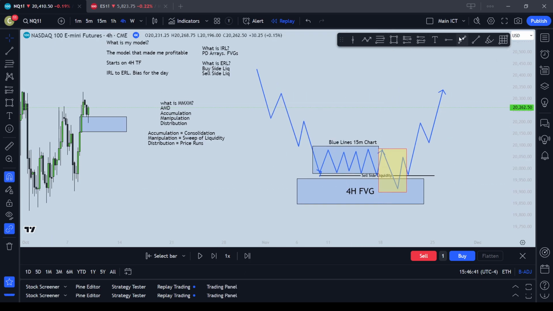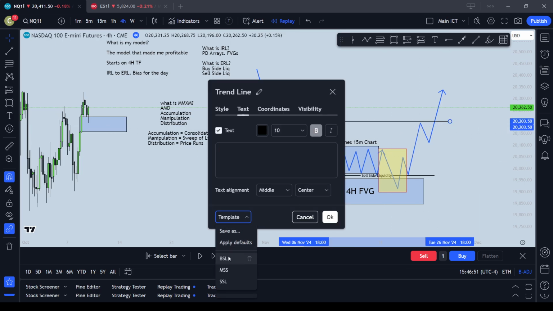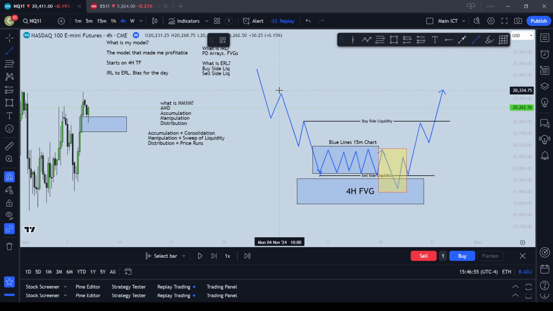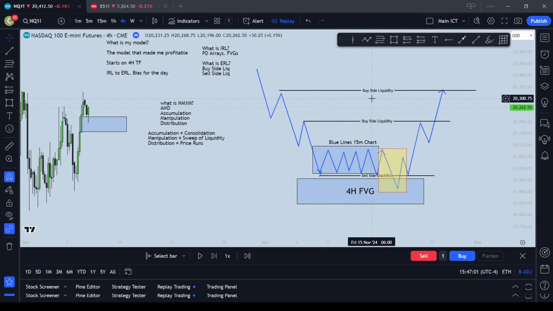And then these over here, what did we call these earlier? We called these external range liquidity, which could also be called buy-side liquidity, right? Boom, buy-side liquidity. And you can have as many of these up here as you want. And this is where you stretch your risk to reward, right? This is your buy-side liquidity that we're going to go and end up sweeping.